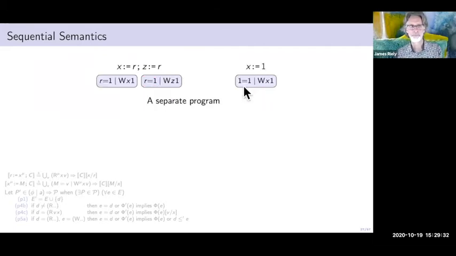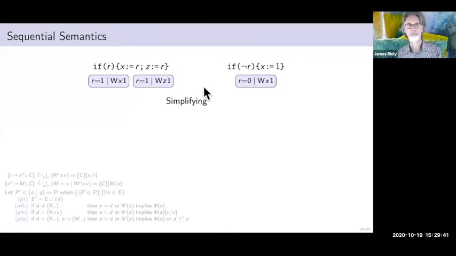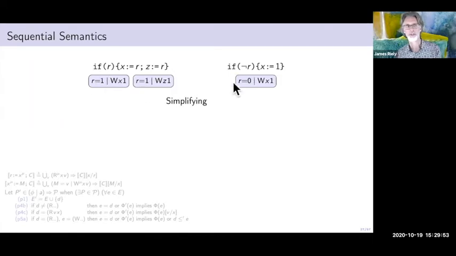So here's a separate program that writes X is 1. And what I can do then is put some control around those. And when I add control in here, what I'm going to do is simply strengthen the preconditions to have the predicate. Then I can simplify these.